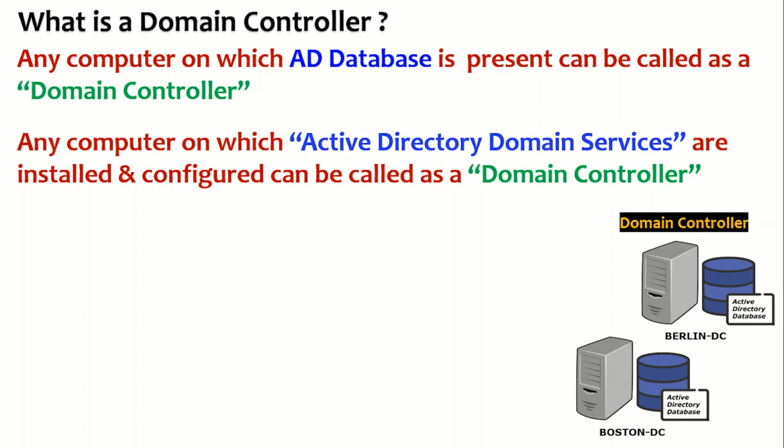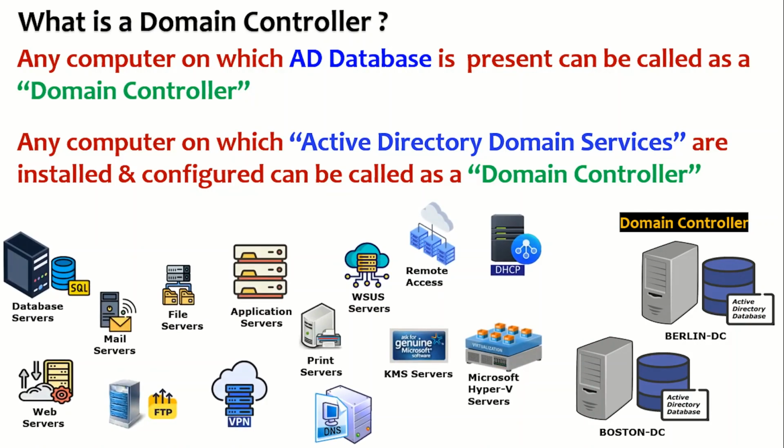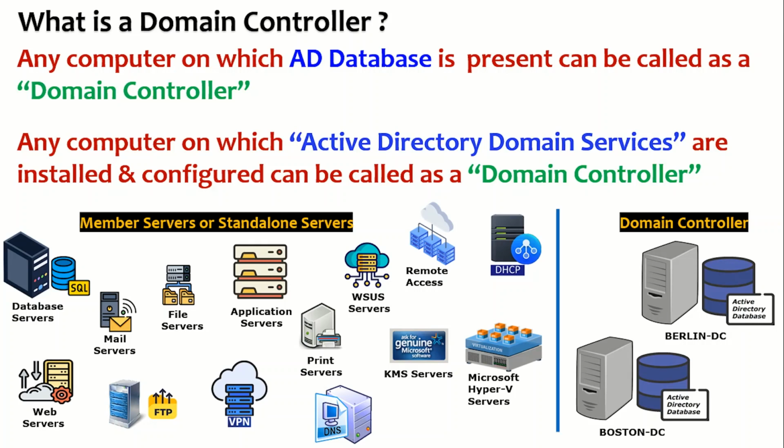That's the reason these servers are domain controllers. And as you know, we have other servers in the infrastructure as well: database servers, application servers, file servers, update servers, and so on and so forth. These are not domain controllers. These can be either member servers or standalone servers. So our FSMO roles can only be designated to a domain controller.